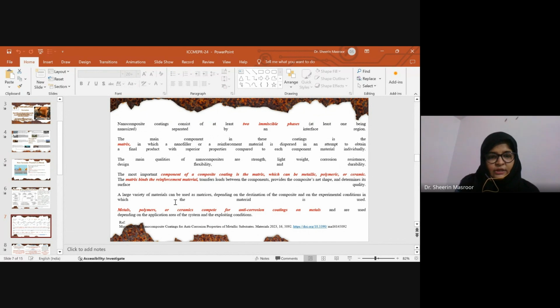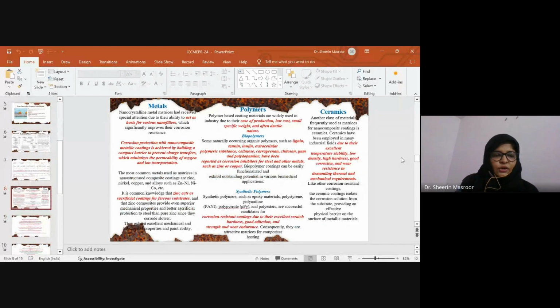A large variety of materials can be used in matrices, depending on the destination, meaning for what kind of work it is used. Different coatings can be structured this way. Metals, polymers, and ceramics compete for anti-corrosion coating on the metal, and they can form a good barrier to protect the metal from aggressive environments.